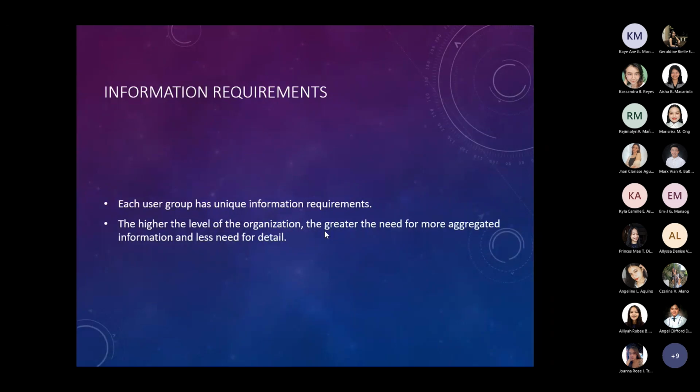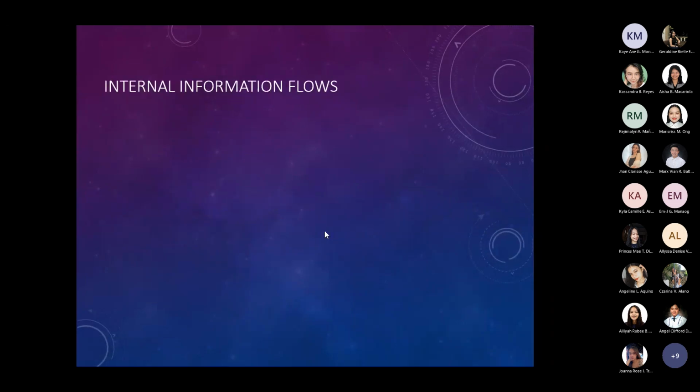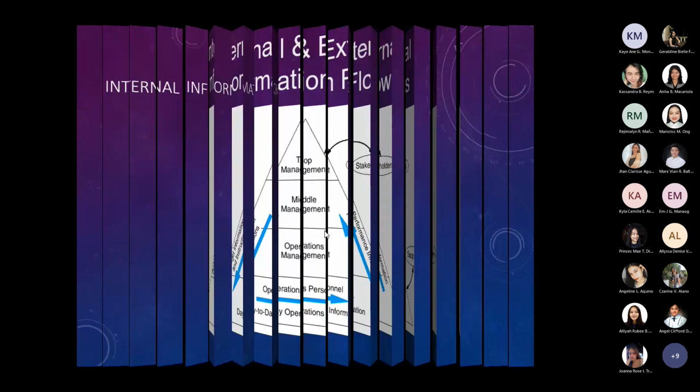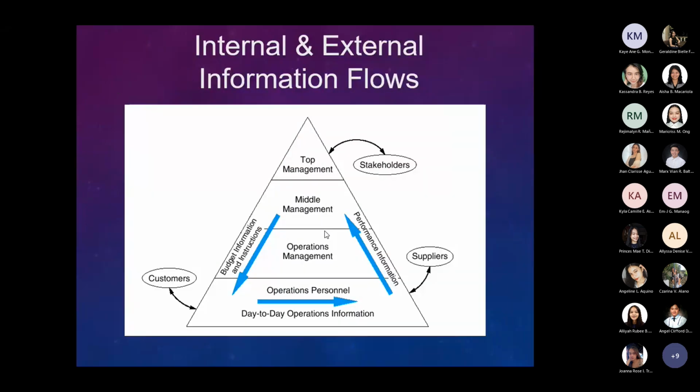Katulad nung nasa triangle. Ito balikan natin yung triangle. Tingnan nyo. Sabi, the higher the level of your management, the more aggregated information is needed. So, habang bumababa naman, the more detailed information is needed.